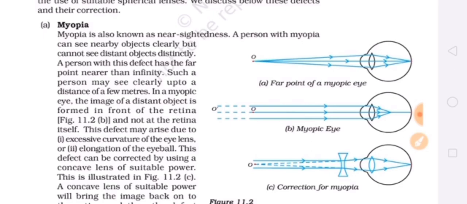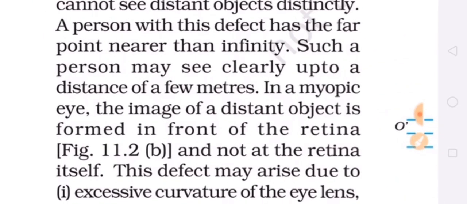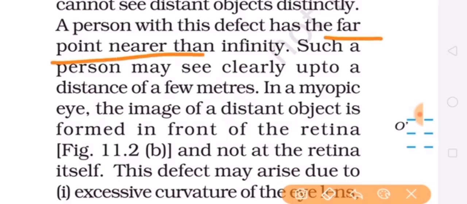And for normal eyes, the far point is infinity. But the person who has myopia cannot see the objects which are placed at infinity. He can see the objects which are placed nearer than infinity. It means his far point is nearer than infinity.